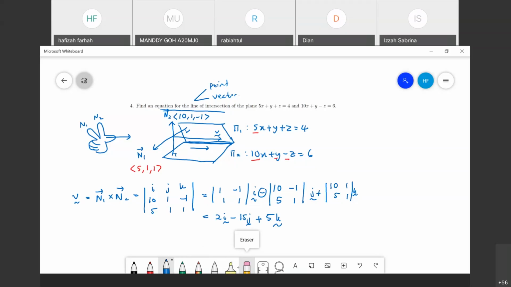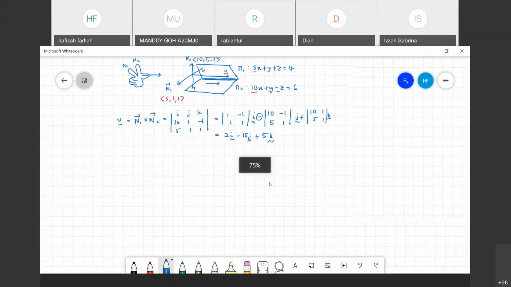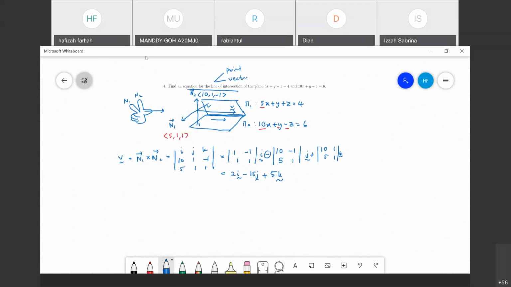And the last thing is we need to find one point on the line of intersection. To find the point, we can just use these two equations.